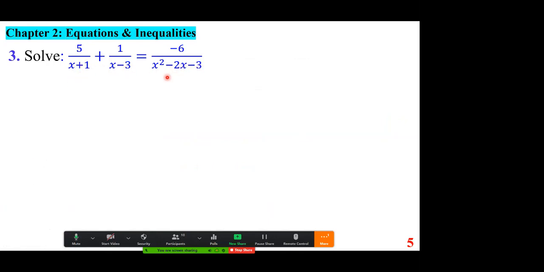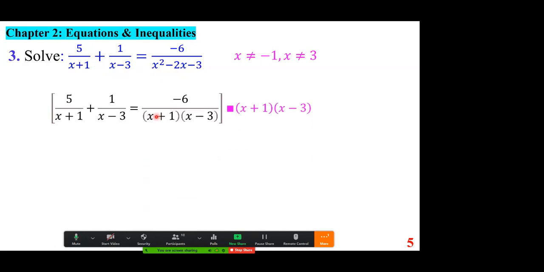You factor this one, okay? And it becomes x plus 1 times x minus 3. Now, x can't be negative 1, x can't be positive 3. Also, this one has the same answer. In other words, after you come up with this one, you make a decision because it may give you more that you got to be concerned with. Is everybody with me? Okay.